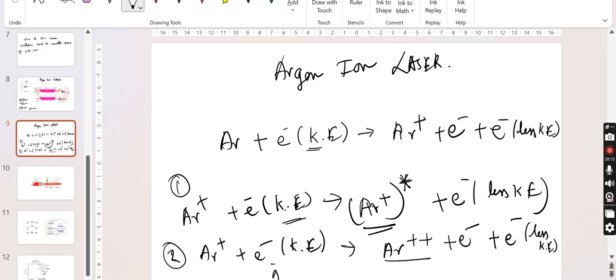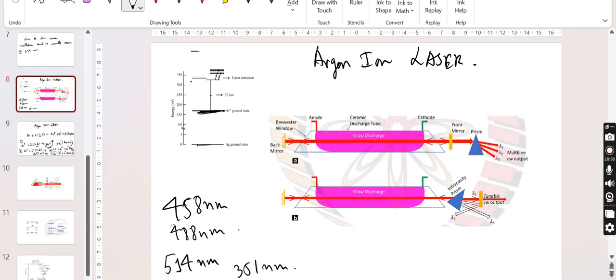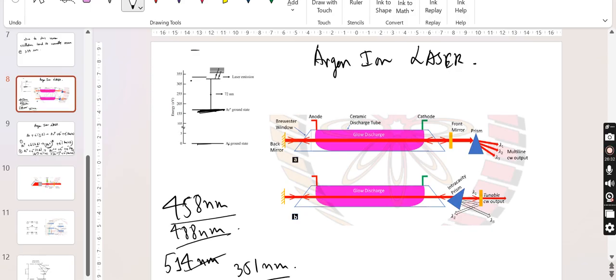Then this argon plus plus will again collide with another electron and send it to an upper excited level. Depending on this upper excited level, we get four kinds of emission from this laser.